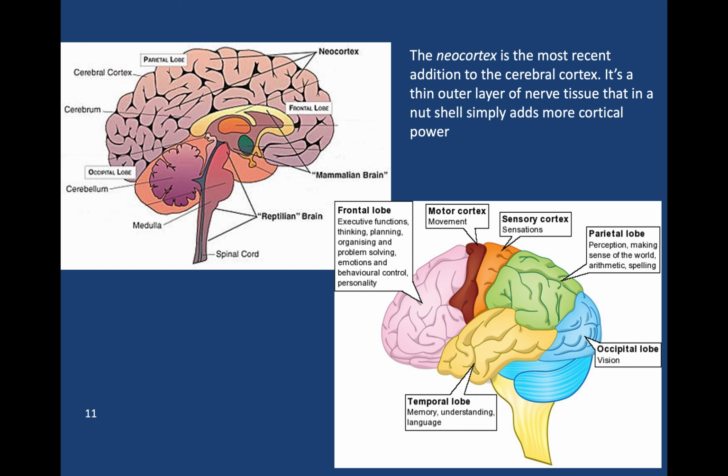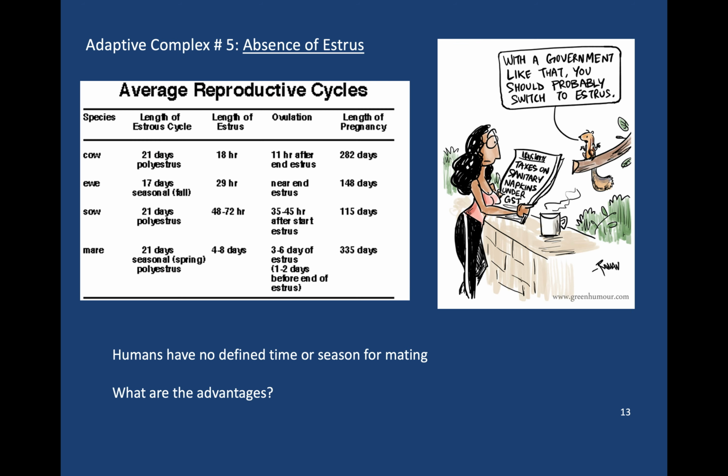Now, that's not to say that other animals don't have very specific skills that surpass human skills, but really, if you add it all up together, the human brain is a wonder of evolutionary adaptation.